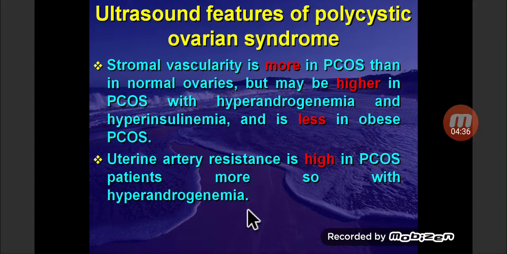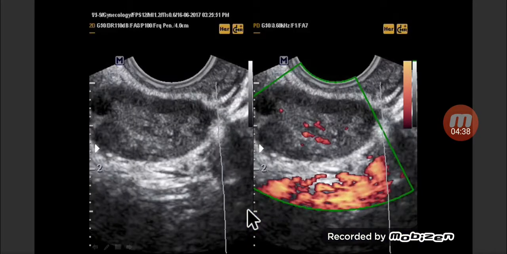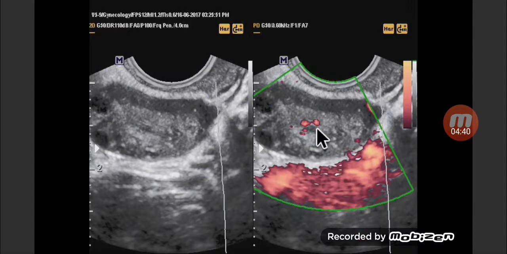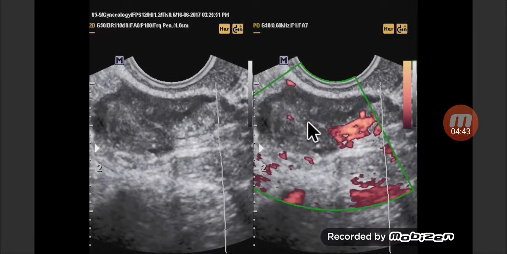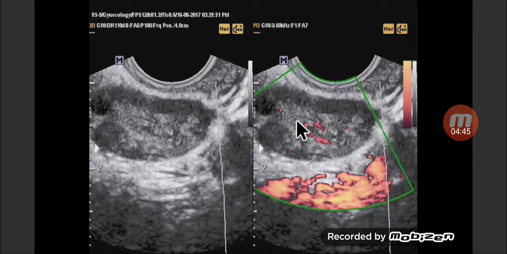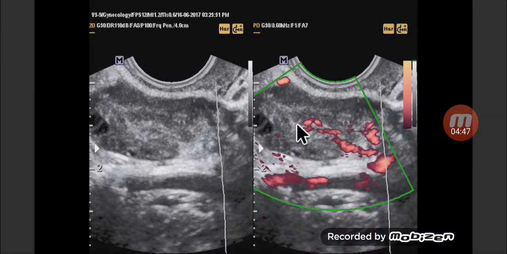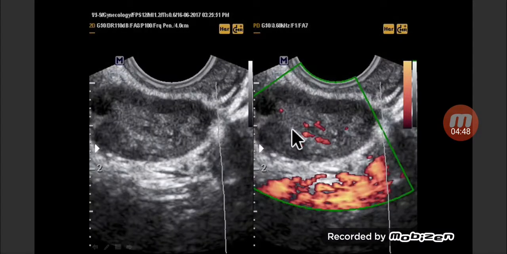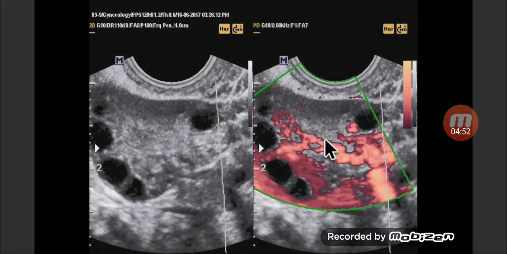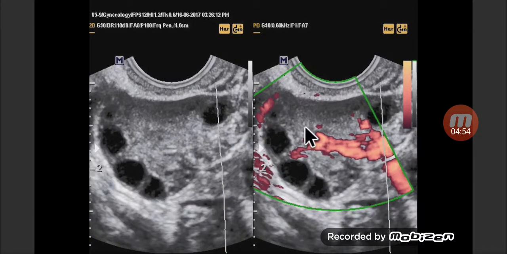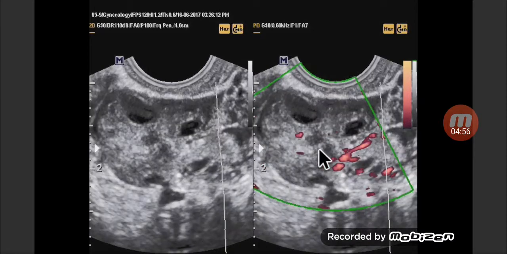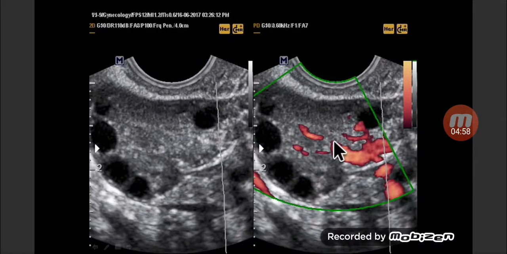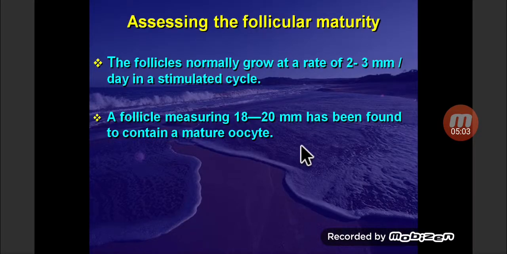Looking at plenty of normal flow. Stromal flow seen over there. You can see echogenic stroma, much more of a stroma than is normally seen, and you can look for stromal hyperemia. Now that was as regards the baseline scan, on to follicular maturation, follicular tracking.